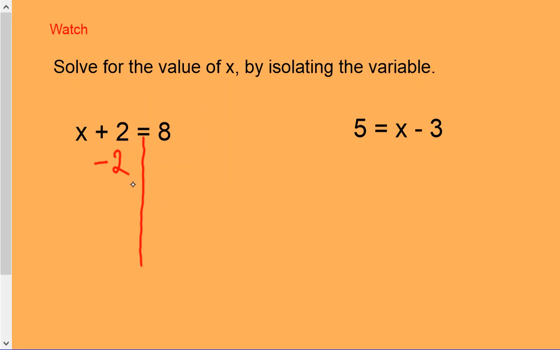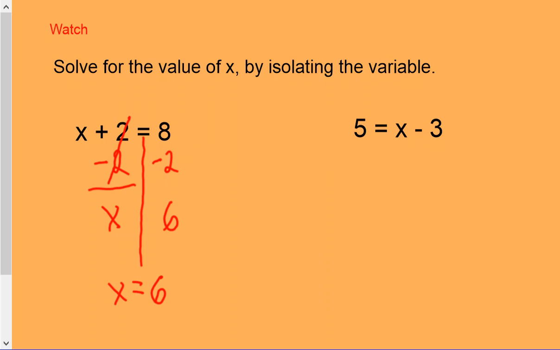And whatever I do to this side, I have to do the same to the other side, so this would be minus 2. And then plus 2 minus 2, these will cancel out. So there'll be just x left on this side. And then 8 minus 2 will leave us with 6. So our equation would read as x equals 6.